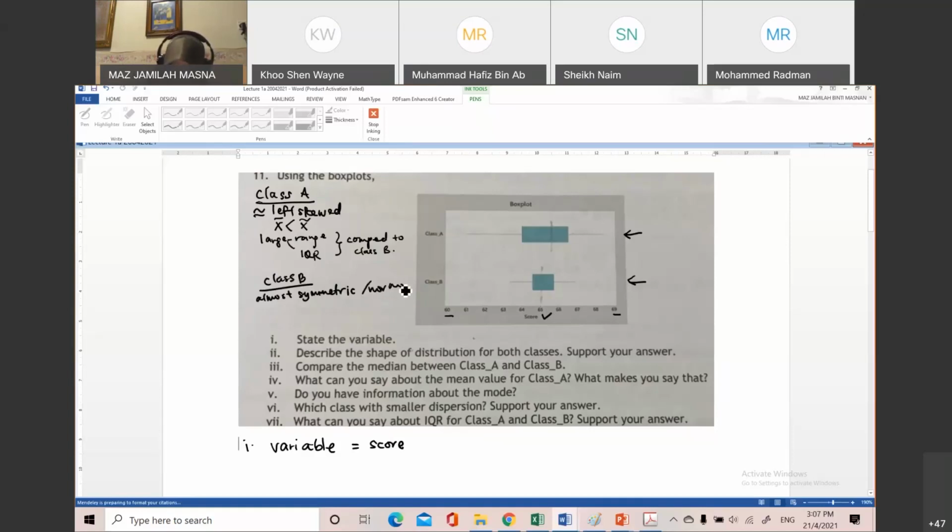When it is almost symmetric or normal, most probably your x bar will be the same as x mode, and the same as your x median, almost the same. What else? In terms of the range and IQR, compared to A, small range and small IQR compared to class A.